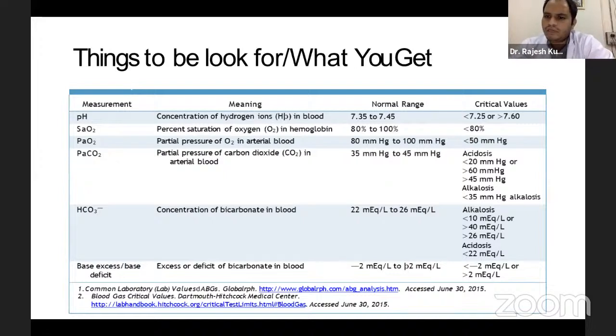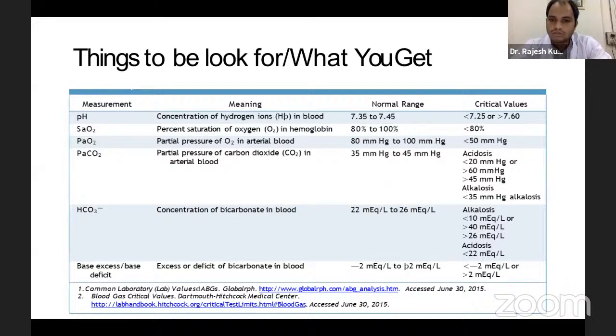The critical values will be less than 7.2 or more than 7.2, and critical means severe. Now the normal saturation level of SpO2 will be 80% to 100%, with critical values less than 80%. And normal PO2 would be around 80 to 100 mmHg on room air.